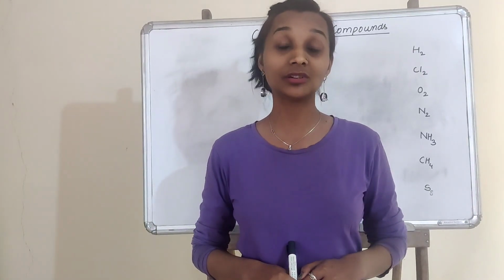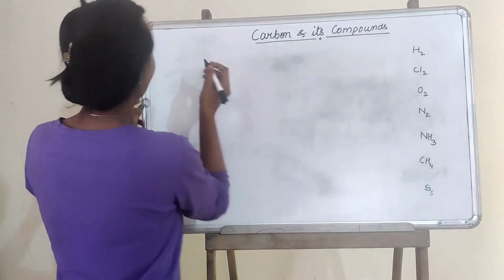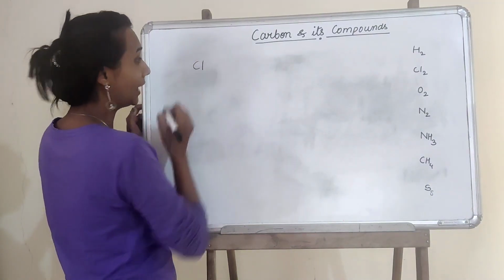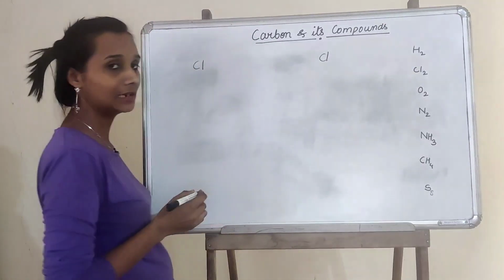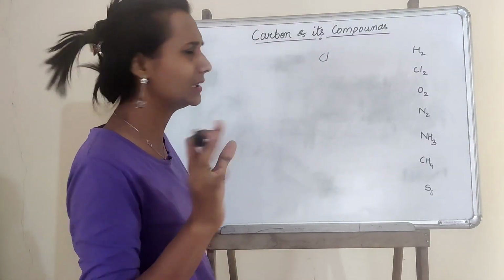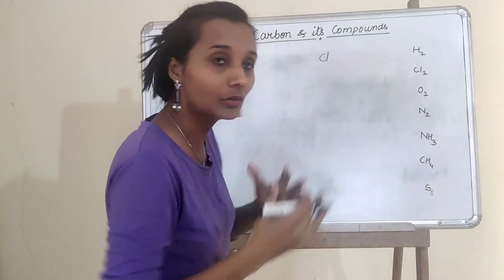Now towards the Lewis dot structure of chlorine molecule. So, here I am writing one chlorine atom. Sorry, not molecule, it's an atom. This is one chlorine atom, this is another chlorine atom.